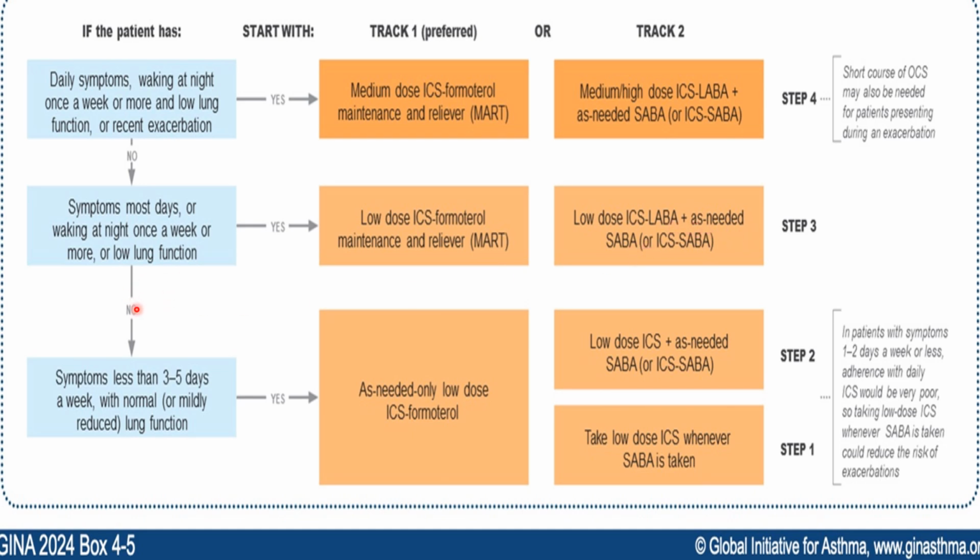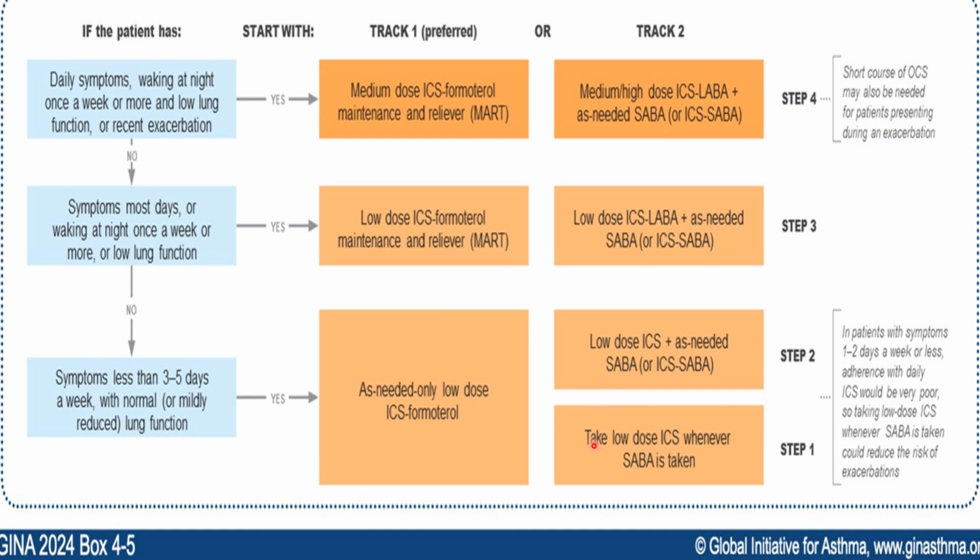And then no, so the symptoms are there, yes, but they are less than 3 to 5 days a week with normal or mildly reduced lung function. So if you now have ICS-formoterol, just use as-needed ICS-formoterol. However, if you don't have ICS-formoterol, then for step 2, sorry, you use low dose ICS plus as-needed SABA.